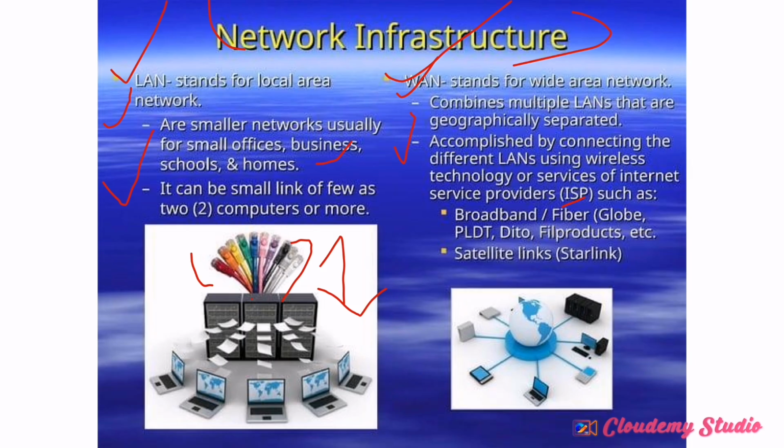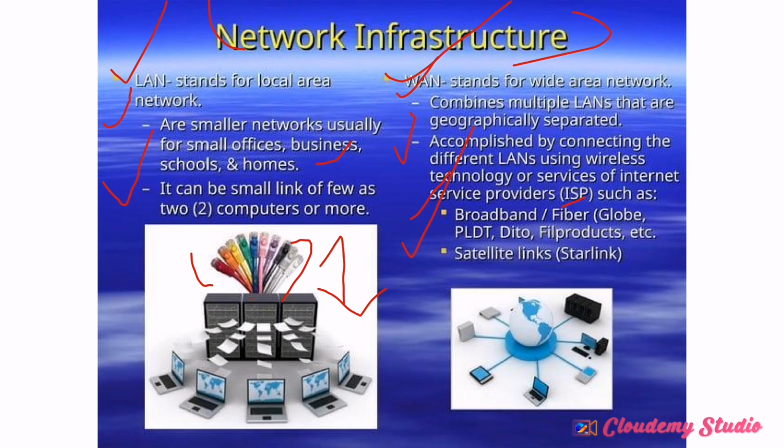Okay, then there are satellite links or Starlinks. So this one is a large connection compared to a local area network. As you can see, satellites are used to provide a connection maybe for the whole country.